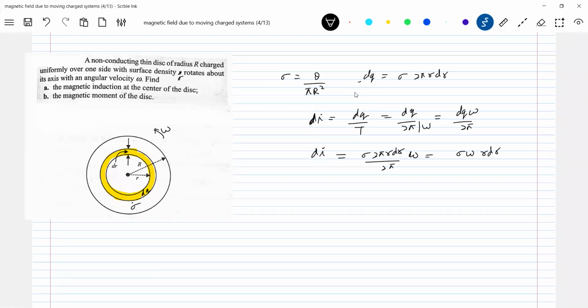This is like a ring, so what is the field produced by that? dB is equal to mu naught di by 2r, due to the rotating charged disk.